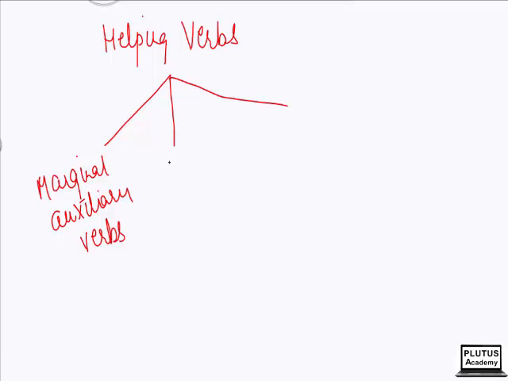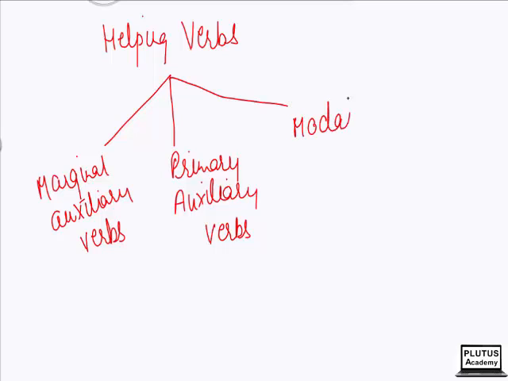Second is primary auxiliary verbs. And last but not the least are modals. Marginal auxiliary verbs, primary auxiliary verbs, and modals. So we'll start with marginal auxiliary verbs.